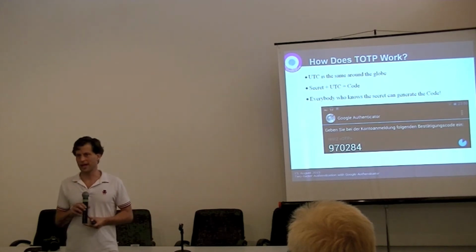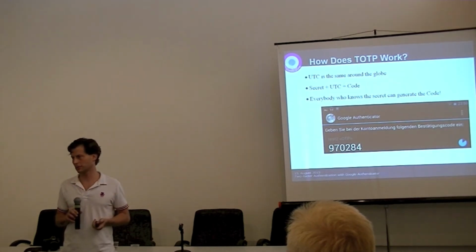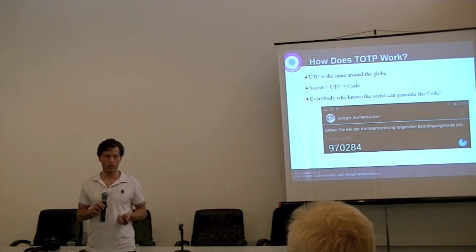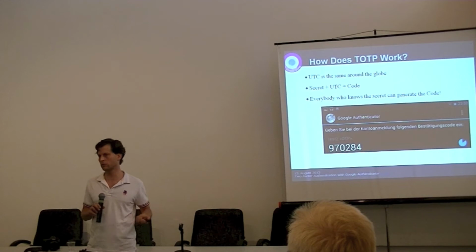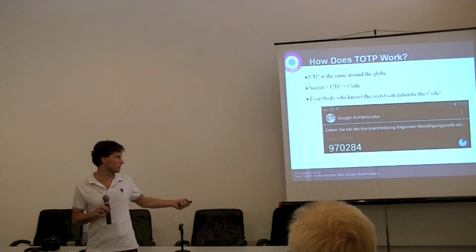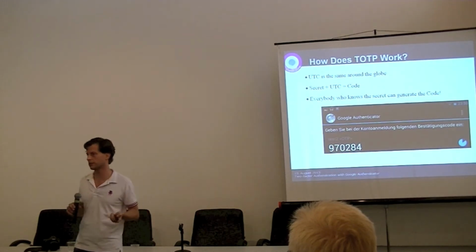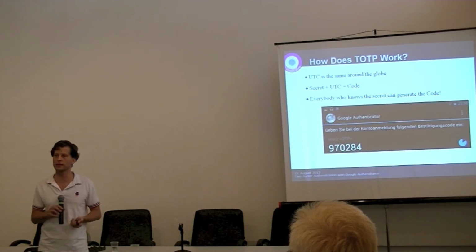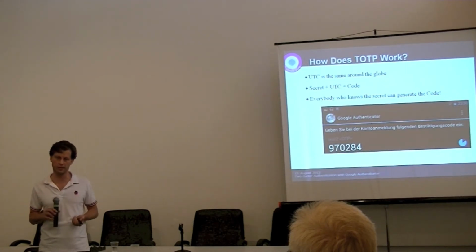But the shared secret is already the major weakness of this approach, because everybody who knows this secret can also calculate this code here. So this secret needs to be protected very much like a clear text password needs to be protected.